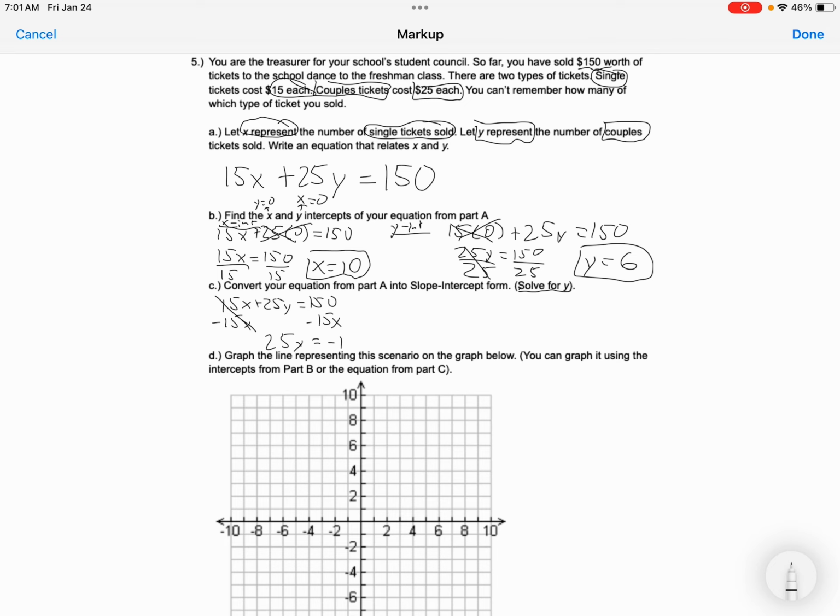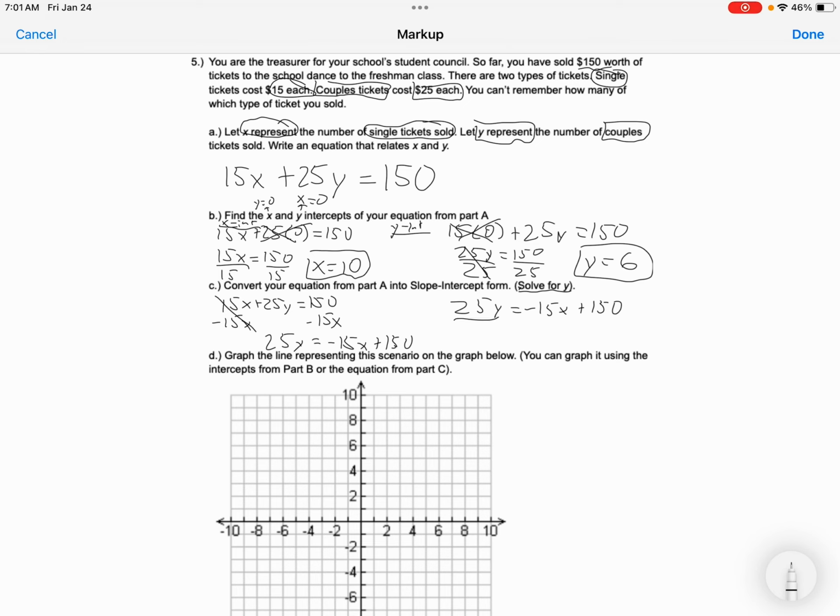So I'm going to leave it as negative 15x plus 150. I'm going to rewrite this on the left so that I can work with it again. So 25y equals negative 15x plus 150.